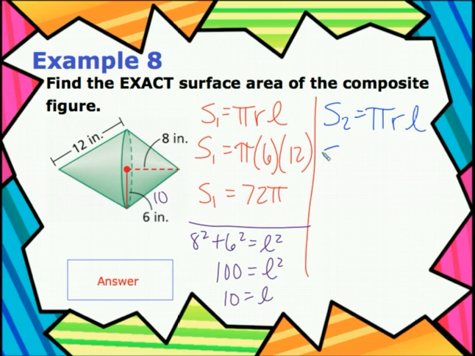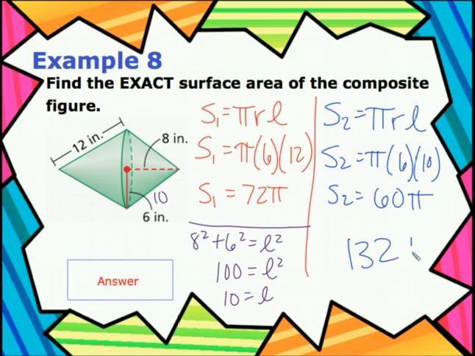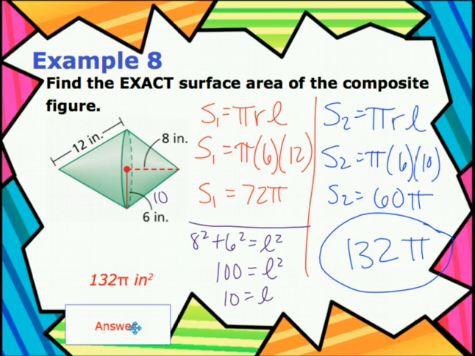So when we plug it in, we get pi times 6 times 10, which is 60 pi. So when you add them together, 60 plus 72, you should get 132 for the total. 132 pi. Did it say exact? Yes, it did. Perfect.